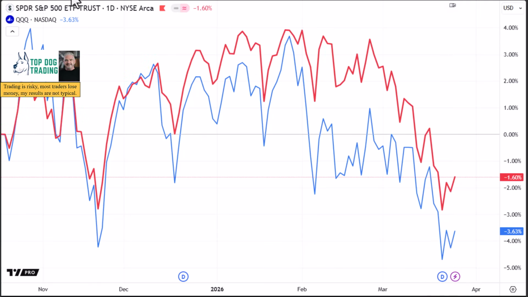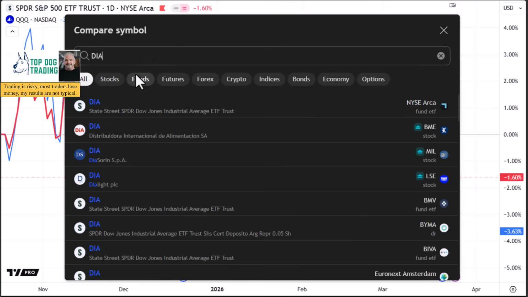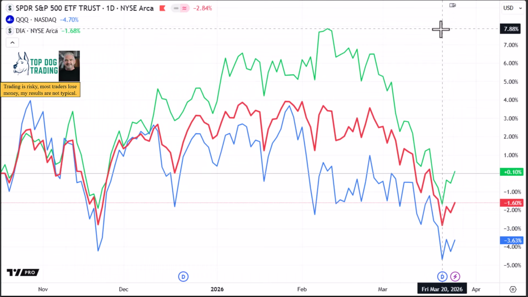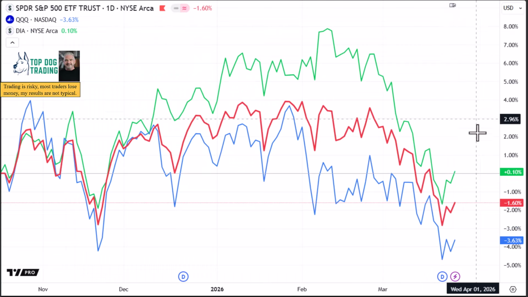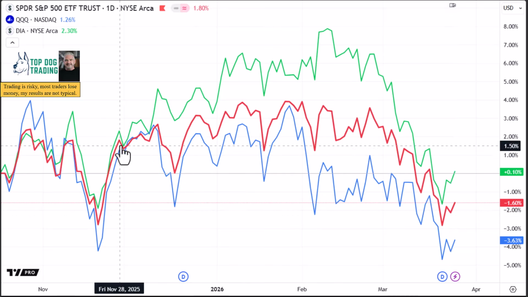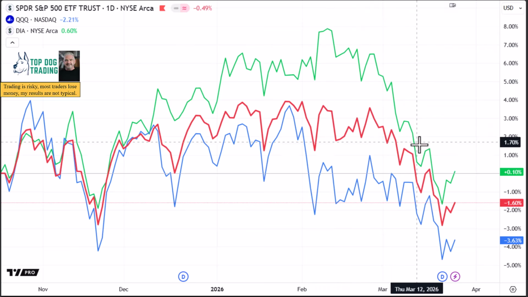Now let's add another one of the major indexes, and let's go with the Dow. We're using the ETFs. And we'll click on that one and bring that puppy up. Oh, look at that. The Dow, the diamonds, are outperforming the SPY. And by the way, look at history too. It outperformed all this time, and then it came down, down, down.